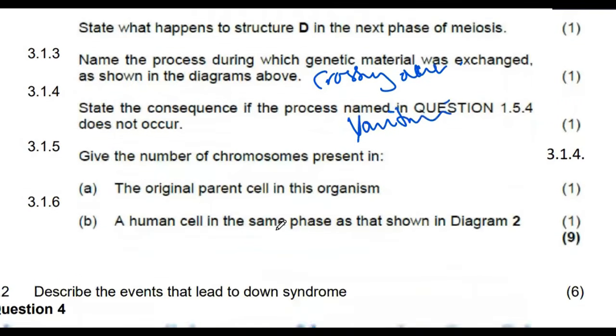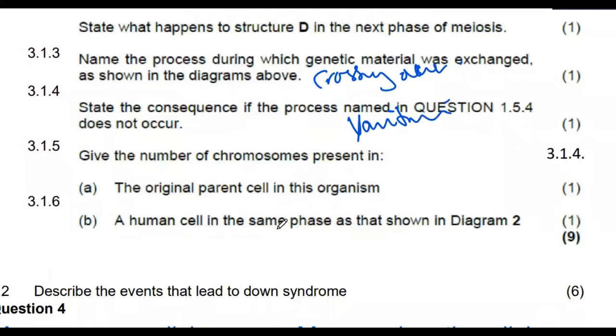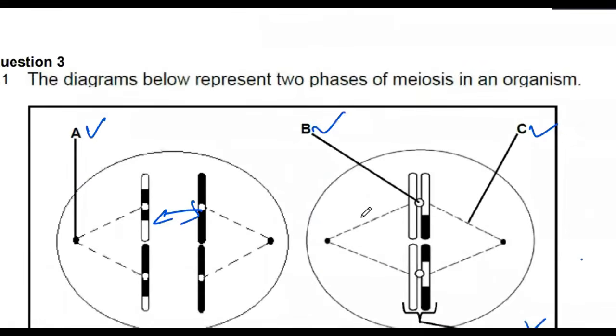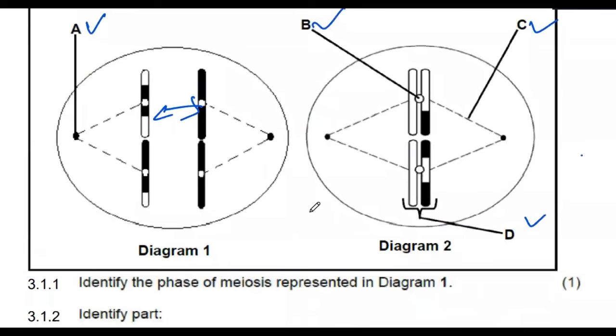Then they're saying give the number of chromosomes present in the original parent cell in this diagram. They didn't say this is a human cell. I don't see anywhere saying this is a human cell. So you have to use the number which is given. Because this is meiosis 2, and meiosis 2 leads to the diploid state being halved.